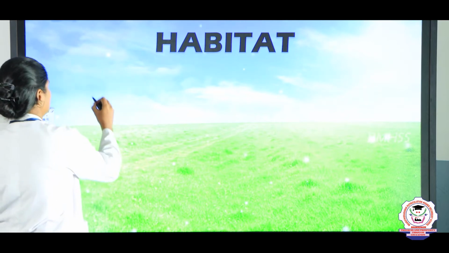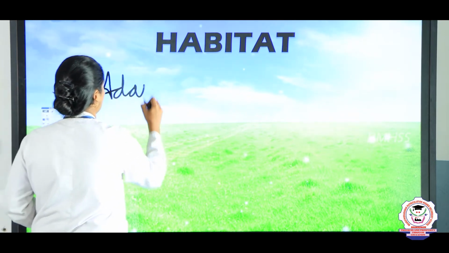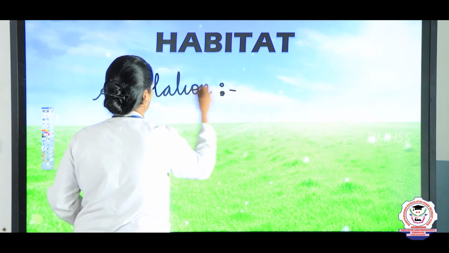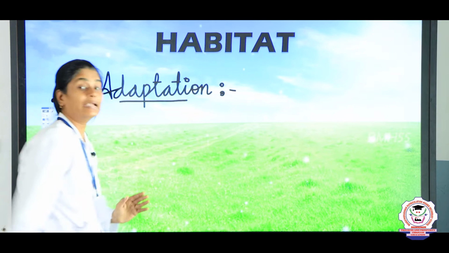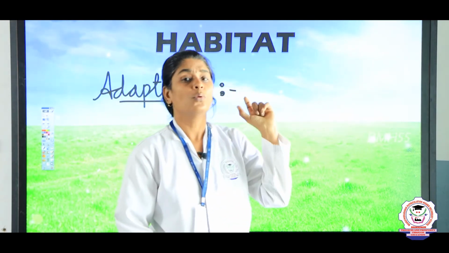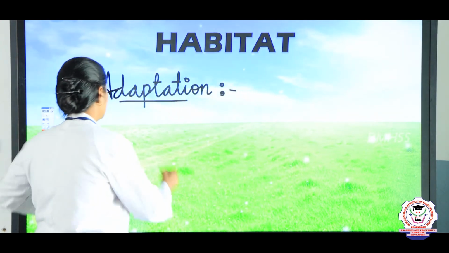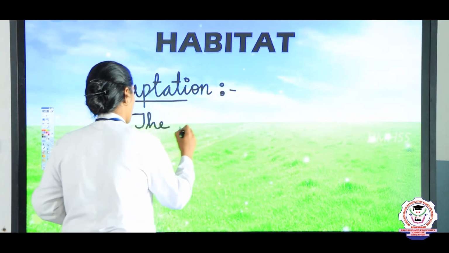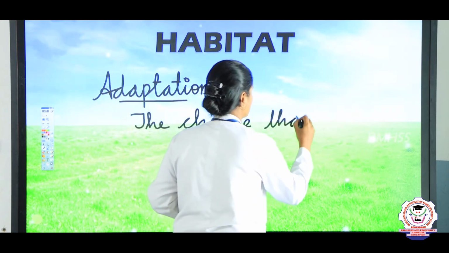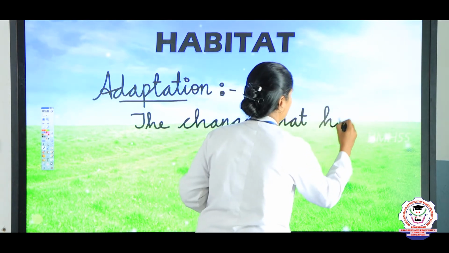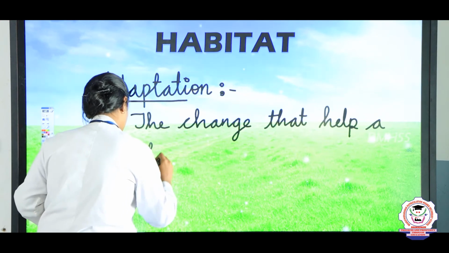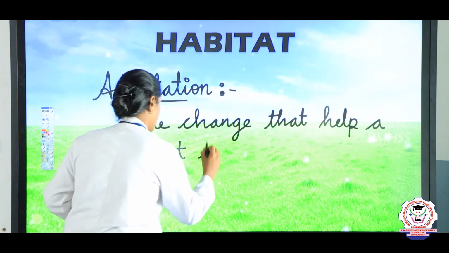So what is the definition of adaptation? The chapter is about adaptation in plants, so you should understand the meaning of adaptation. The change that helps a plant to survive.